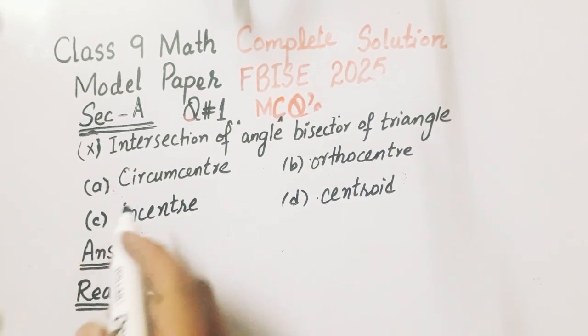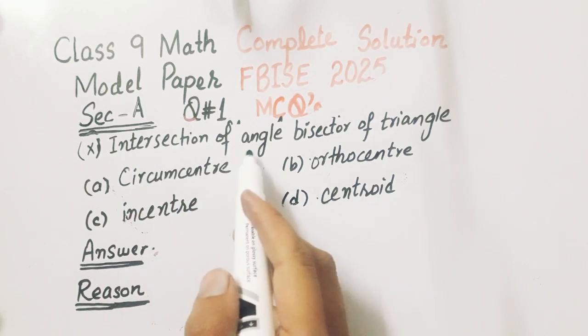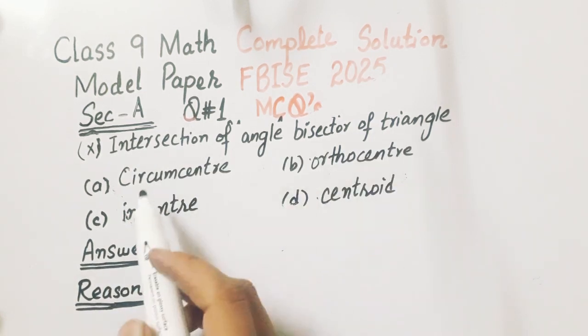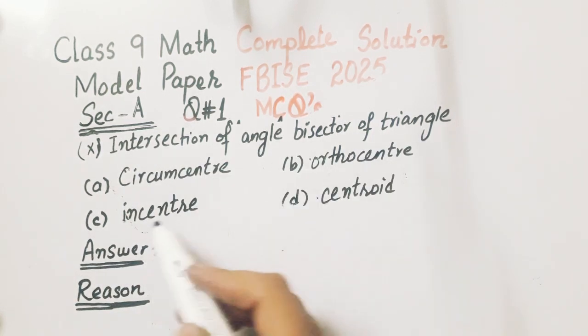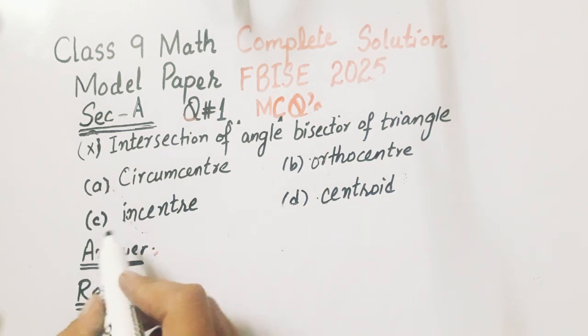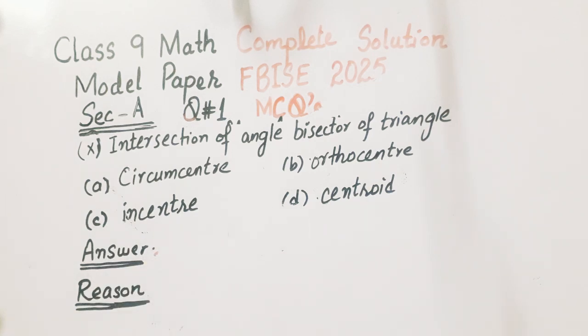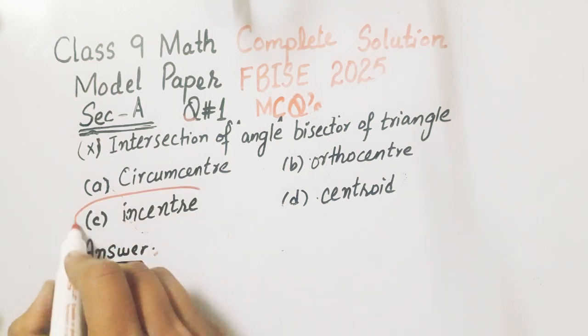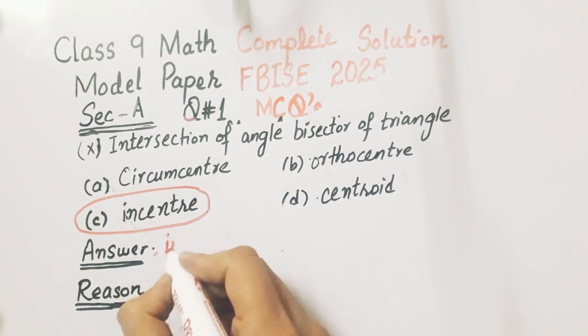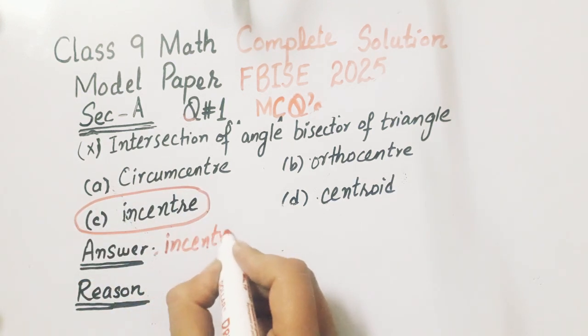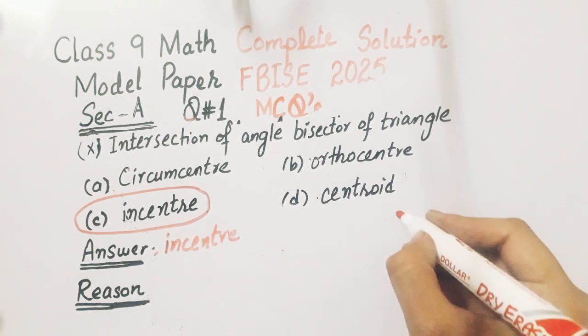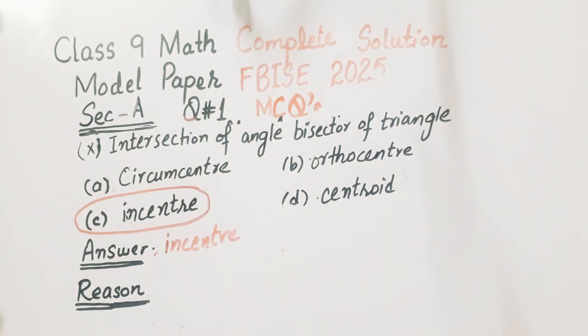Now the 10th MCQ is: the intersection of angle bisectors of a triangle is circumcenter, orthocenter, incenter or centroid. So the right option of this is incenter. And we will draw this. Let's suppose this is a triangle.